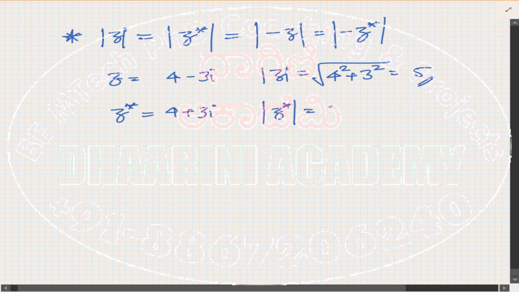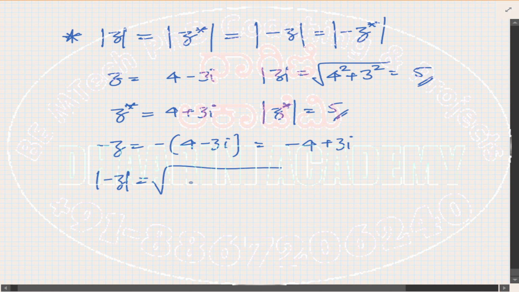That is also 5. Now minus of z. Minus z is minus of your number 4 minus 3i, which comes to minus 4 plus 3i. Calculate the magnitude of minus z. Root of minus 4 squared, 16, plus 3 squared, 9. So 5. Right?